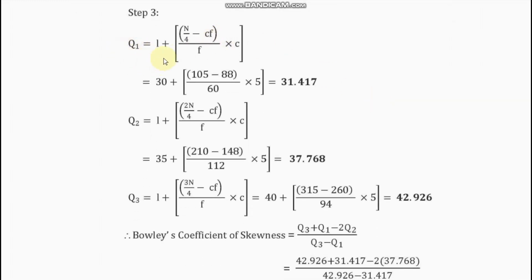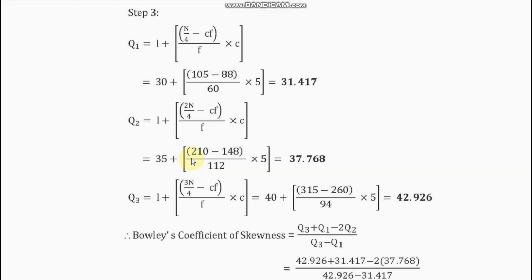Next, the quartiles are calculated as follows. Q1 is equal to L plus n by 4 minus CF divided by f into c. So 30 plus 105 minus 88 divided by 60 into 5, which results in 31.417. Q2 is equal to L plus 2 into n by 4 minus CF divided by f into c.